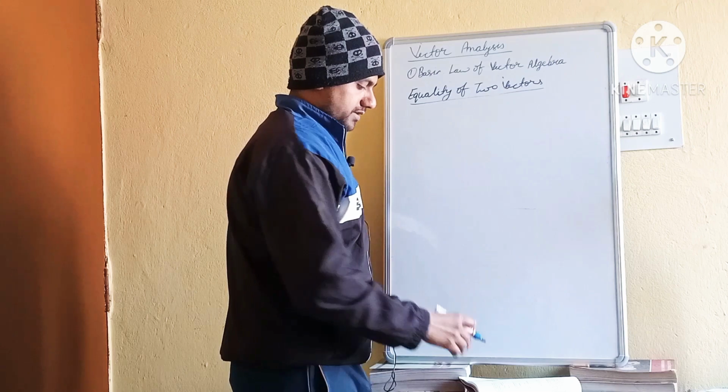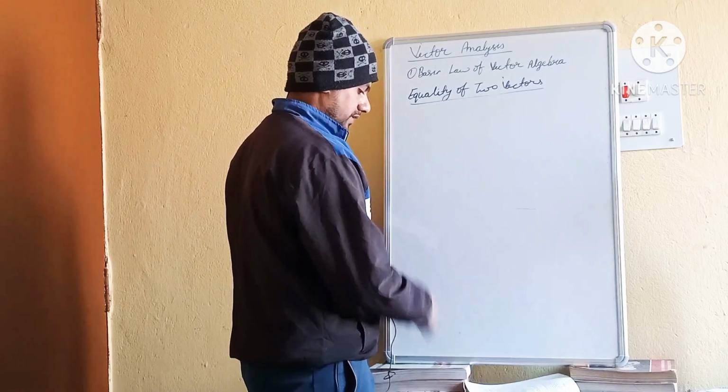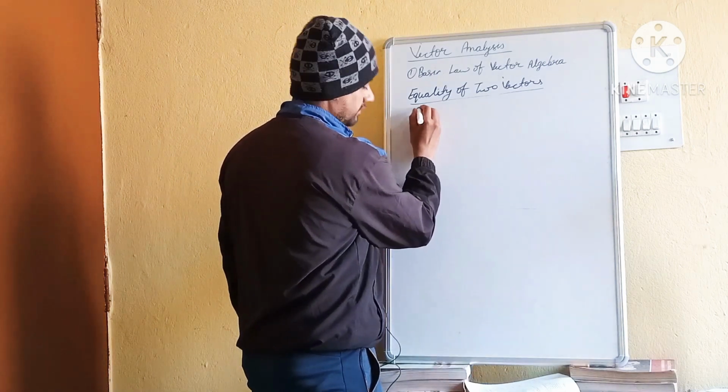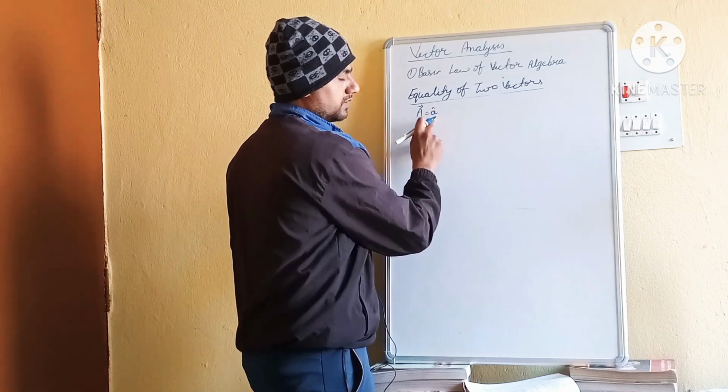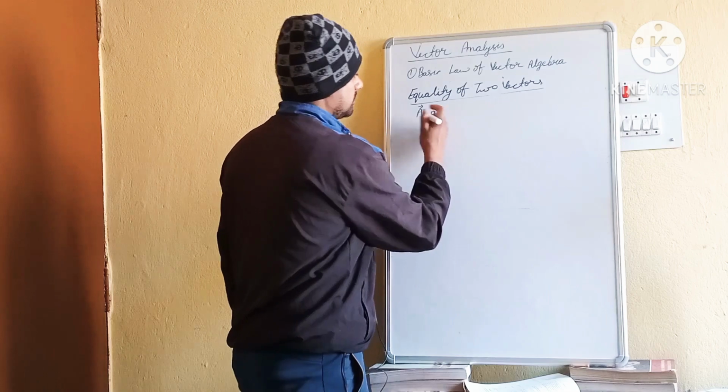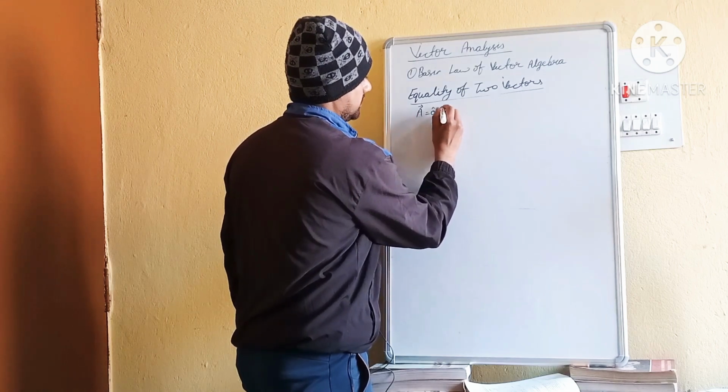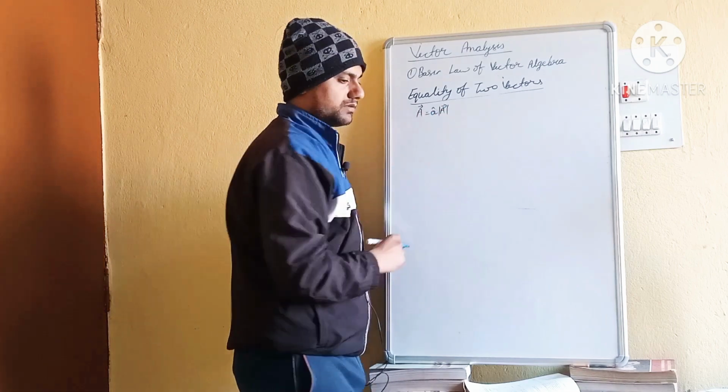Suppose we have two vectors. Here I'm writing two vectors, for example, a vector A. That particular vector I can write with the unit vector and this is the magnitude of that vector.